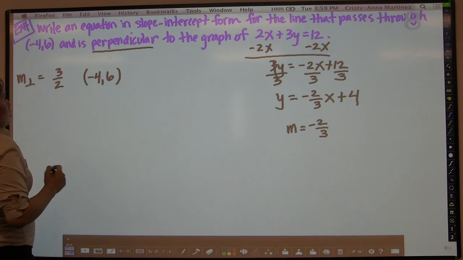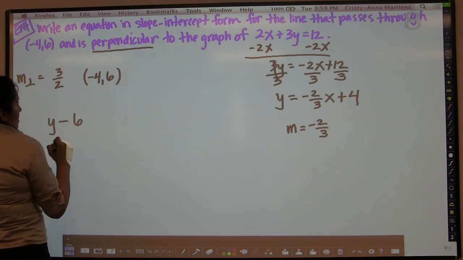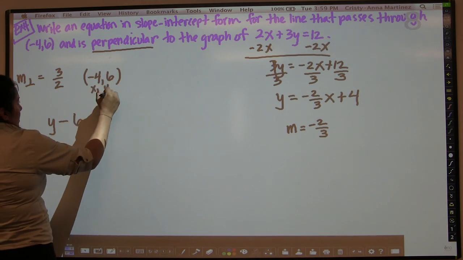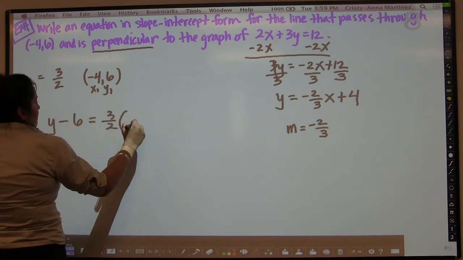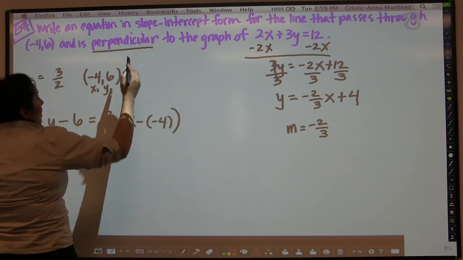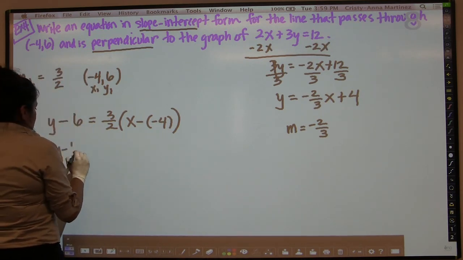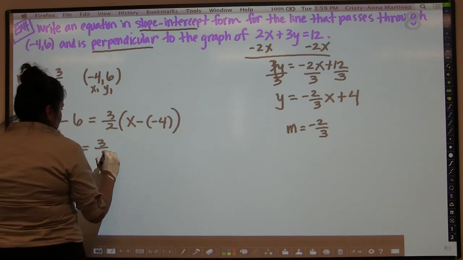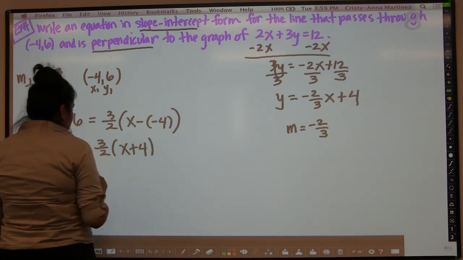And then I'm going to use my point-slope formula, which is y minus y1 equals my slope times x minus x1, so this is my x1, y1: y minus 6 equals 3/2 times x minus negative 4. Since they want it in slope-intercept form, I'm going to simplify this. Y minus 6 equals 3/2 times x plus 4, because negative and negative make positive.